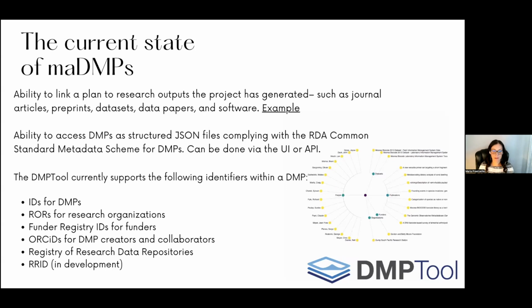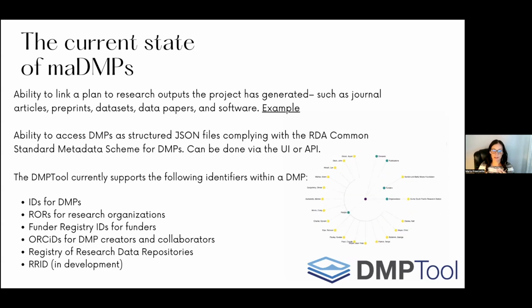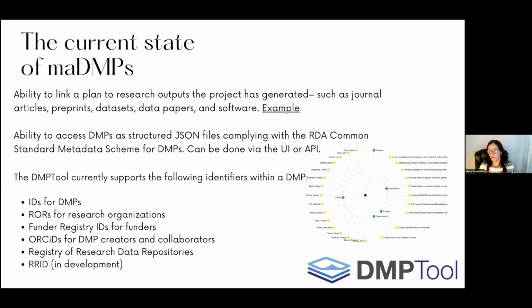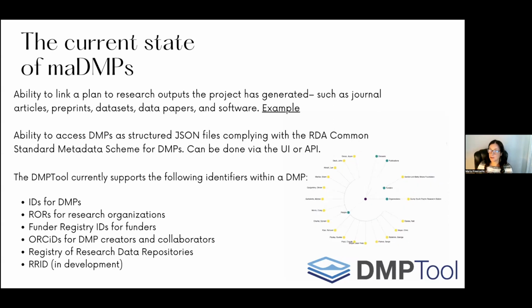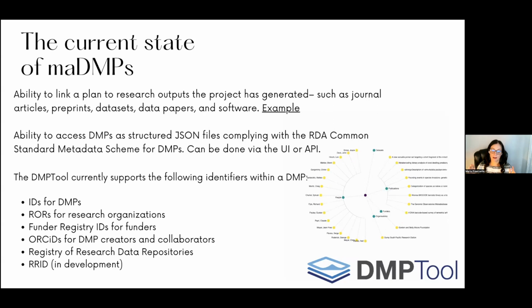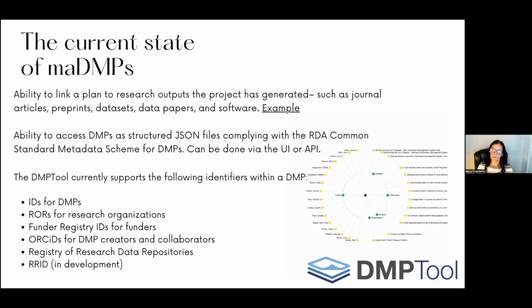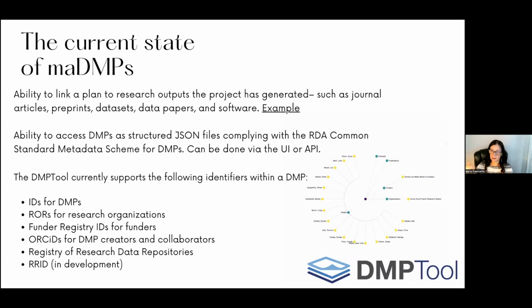One of the first things that we did as we were moving from old school DMPs to the new machine-actionable DMPs was to PIDify the DMP. So we tried to structure it and make it interoperable by converting free text into identifiers wherever we could.